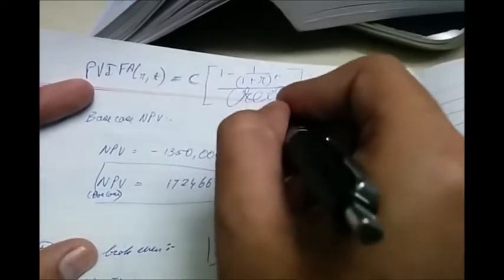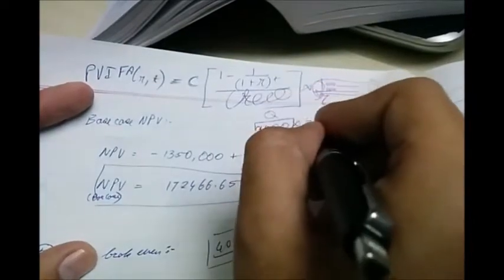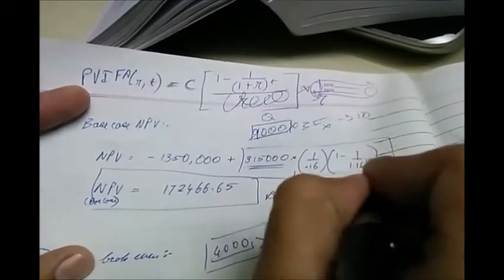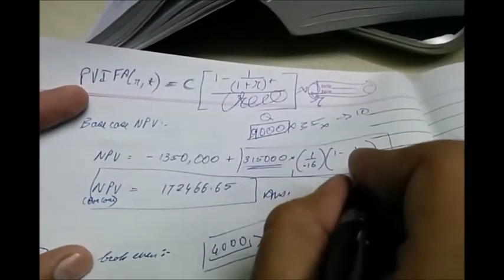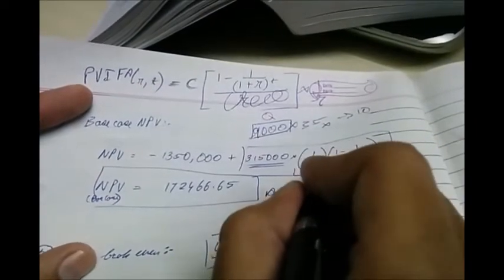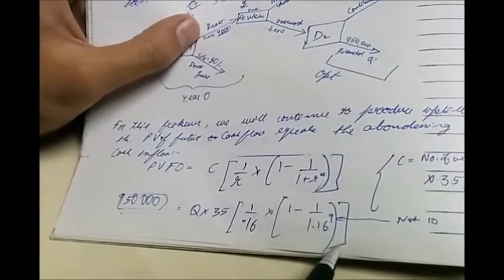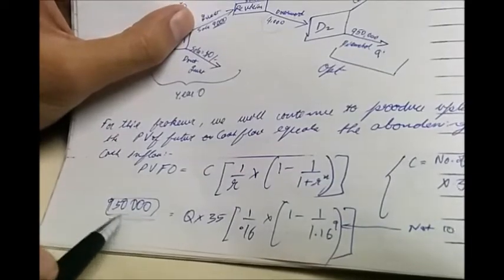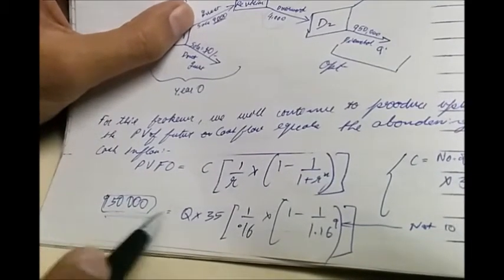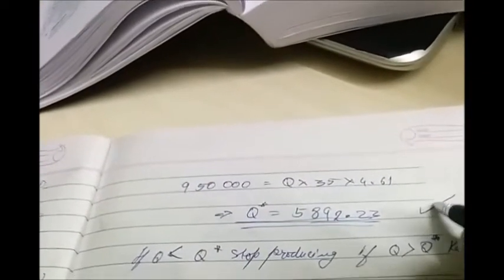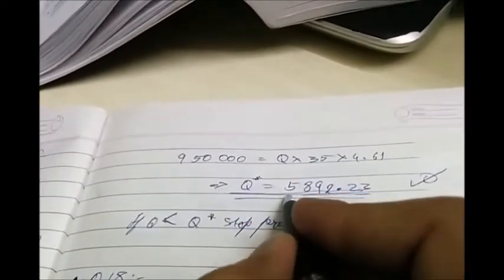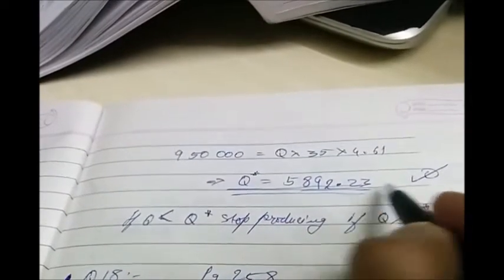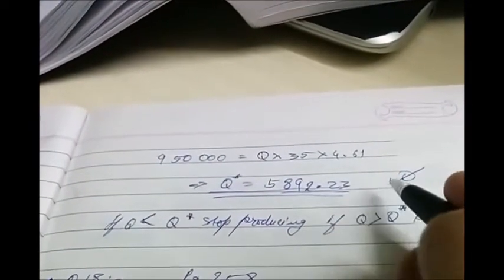So I'll take it as Q times 35 multiplied by this PVIFA. Here now it won't be for 10 years, it would be for 9 years with the same interest rate. So here I did not put Q. I rewrote the formula. You will take this in division of the value that I might get if I abandon the project, and you would see that I will find Q to be 5,892 units. This is, you may say, the break even.